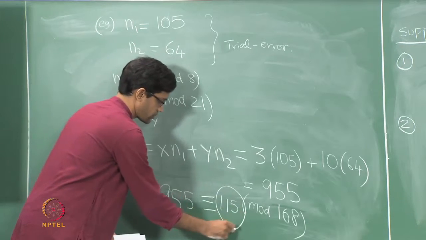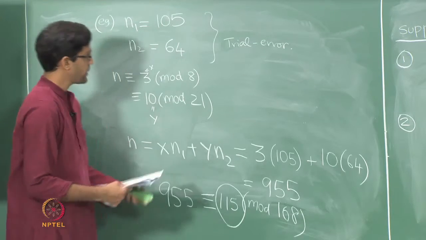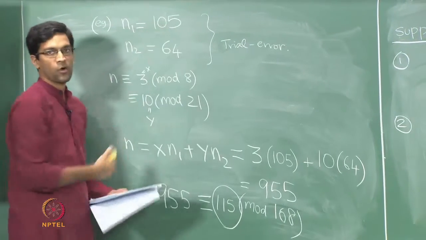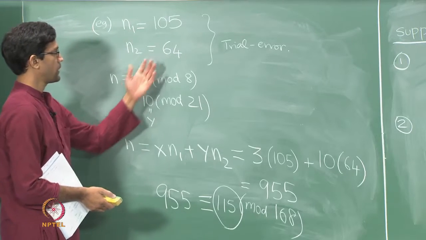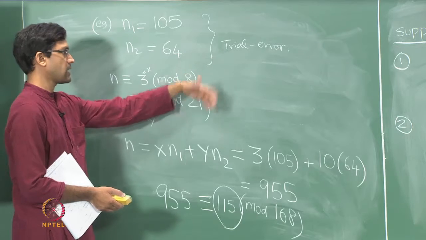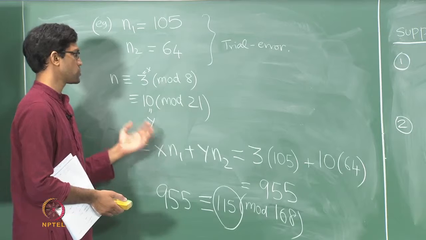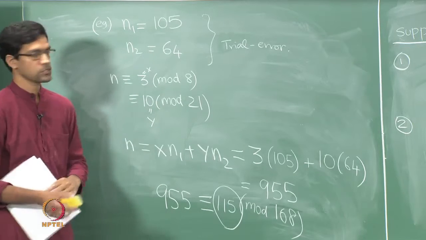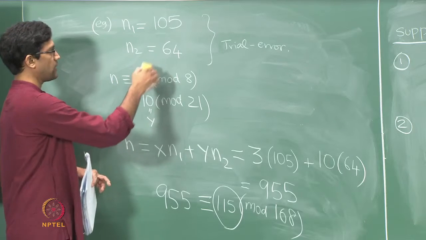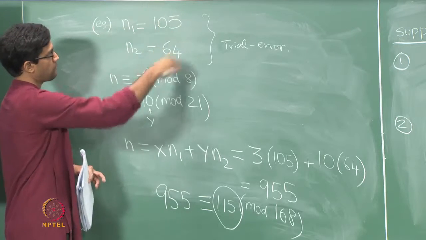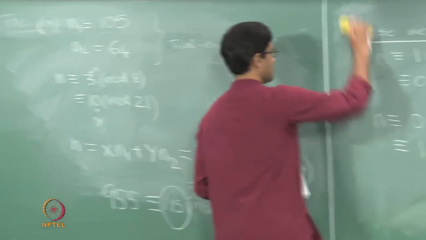So here's a second approach which allows us to solve the same problem, but it still requires one brute force step. How do you find n1 and n2? You now have two problems to solve, and if you are finally going to solve both of them by trial and error, this seems like more work than just doing brute force directly on the original set of congruences. So this approach is useful only if you have a more systematic way of solving for n1 and n2, without using trial and error.